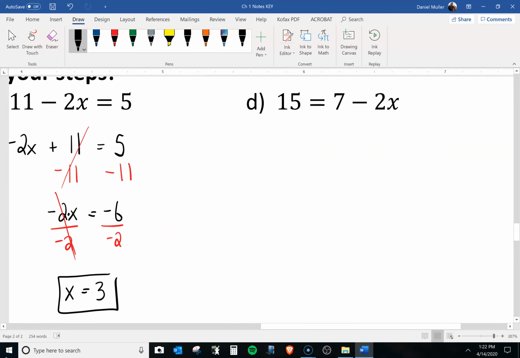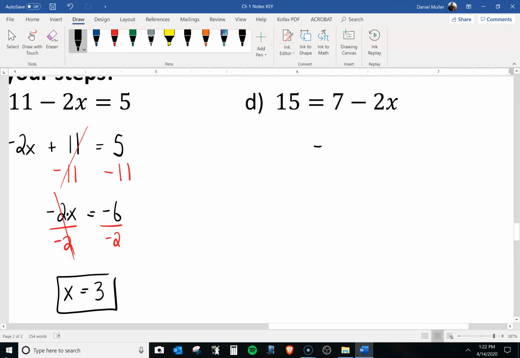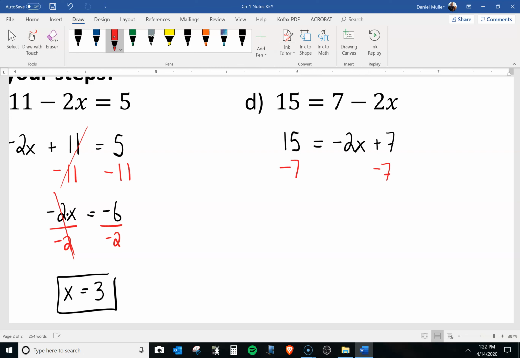And lastly, again here, I do not like the order that it's written. So I will just change it. There's a minus 2x or a negative 2x, so I'll write that down, a negative 2x. And then there's a positive 7, so I'm going to write a positive 7. Now, step number 1 is get rid of any add or subtract. I see an add, so I will do the opposite, which is a subtract from both sides. On the right, I've got a negative 2x.